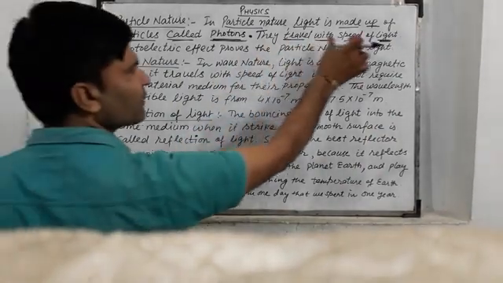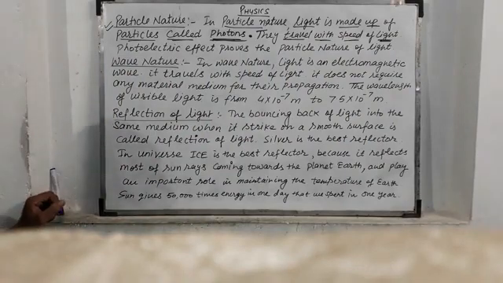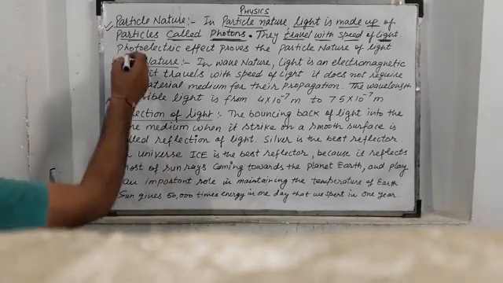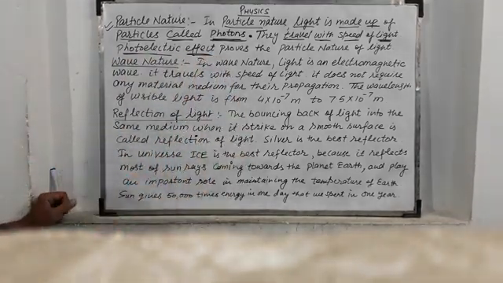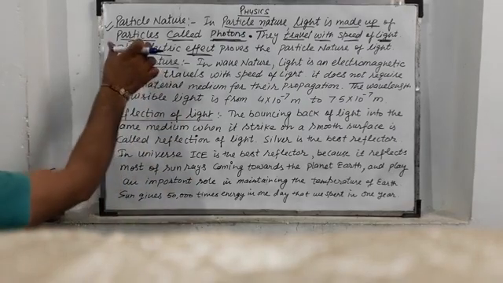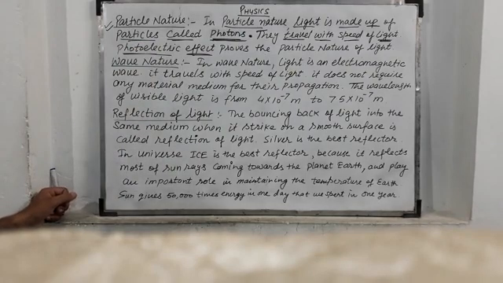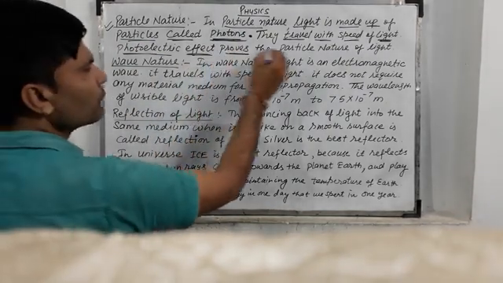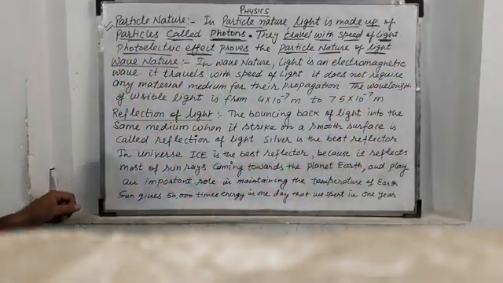Photons travel with the speed of light, that is 3 into 10 to the power 8 meter per second. The photoelectric effect and the Compton effect prove the particle nature of light.